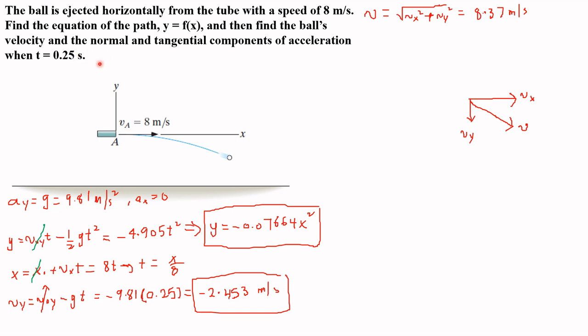Now, what about the normal and tangential components of acceleration? We have to be careful here. First of all, we need to establish our t and n axes. I'm going to say this is the ball, and my normal axis is somewhere here.